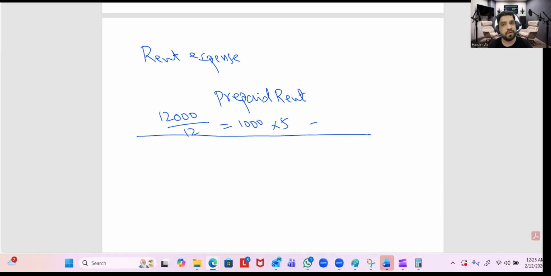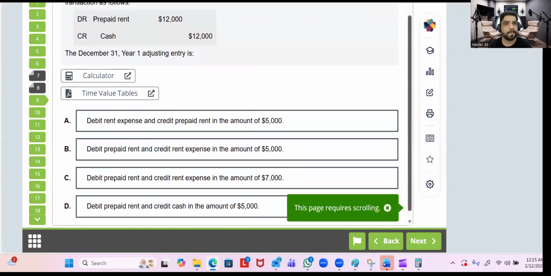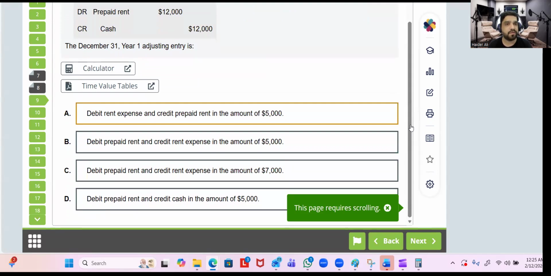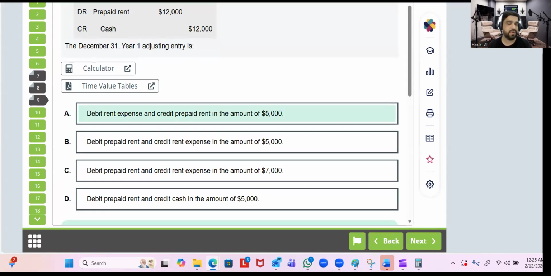For 5 months, we need to recognize 5,000 expense and a decrease of the asset of 5,000 on 31st of December, year one. So this should be your entry. Let's see which one is the correct answer. Debit rent expense, credit prepaid. Yes, it is the correct answer. We don't need to look into any other option because we have solved it manually. So the correct answer is option A.